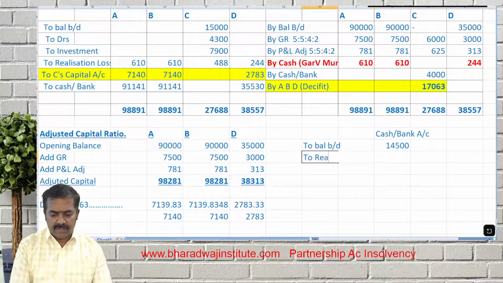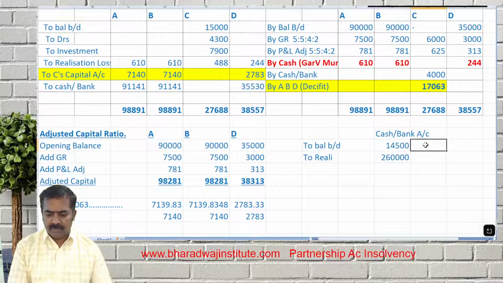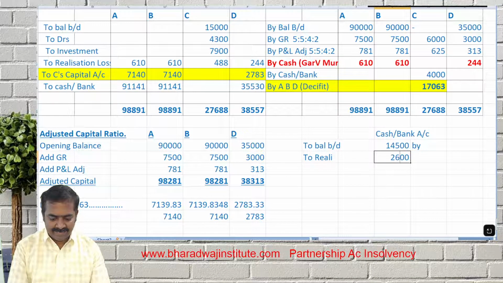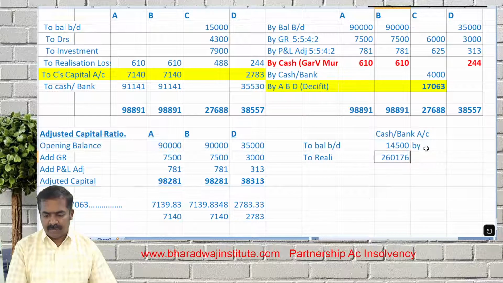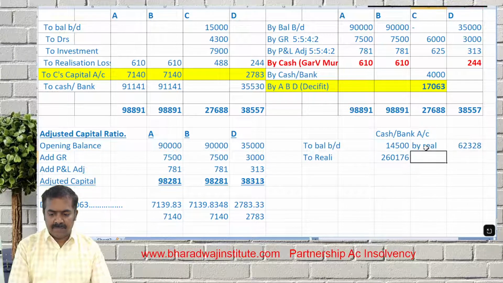To realization, payment on realization. By realization amount paid 328.